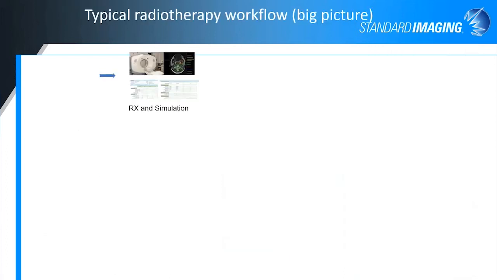So we start with our prescription and simulation. And once the physician has provided a prescription, simulation is performed. The patient is placed into the setup position and images are acquired, which will be used for treatment planning purposes.